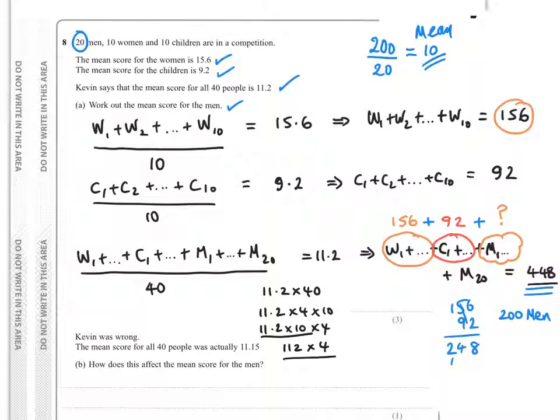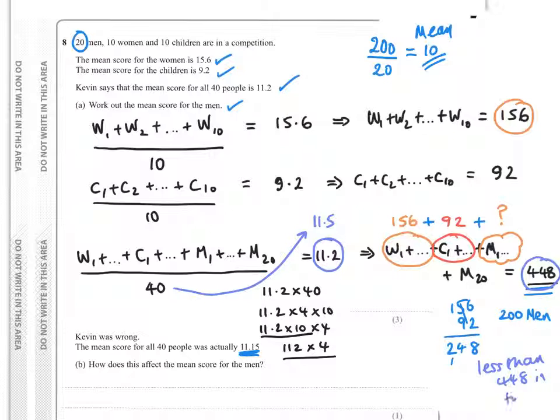The next part says, Kevin was wrong. The mean for all 40 people was actually 11.5. Okay, well, let's have a look. If it was 11.5, then this number here would change, which means that if we times it up by the 40, it would be less than 448. So if we had less than 448 in total, what would that mean for the number of men?